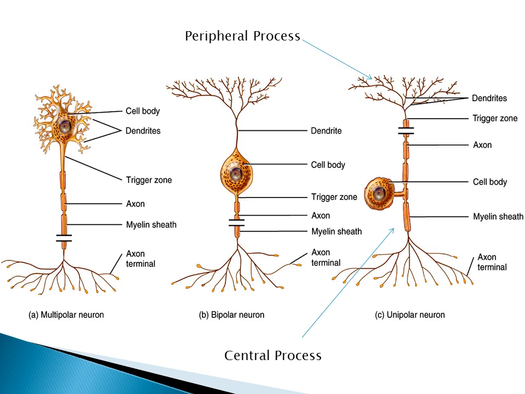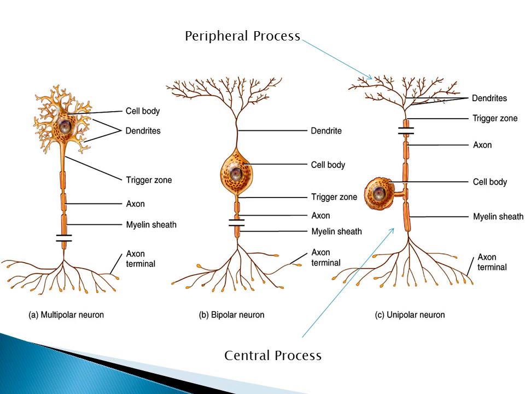Well, these sensory afferent fibers that we're dealing with in the peripheral nervous system are of a classification of neuron known as the unipolar neuron, and have a slightly different configuration. They have their nerve cell body, but the nerve cell body is located interposed between a peripheral process and a central process. And let me explain that.